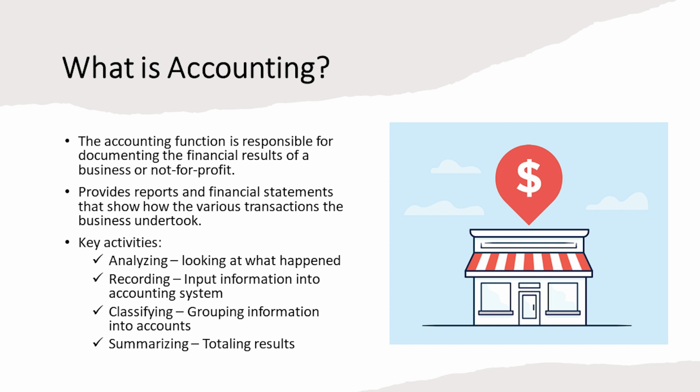It provides reports, or in this case, accounting provides reports that we call financial statements that show how the various transactions in the business took place or what the results of those transactions were, okay? So accounting is generating reports. Accounting is collecting data. What kind of data? Your financials. Where are those financials coming from?